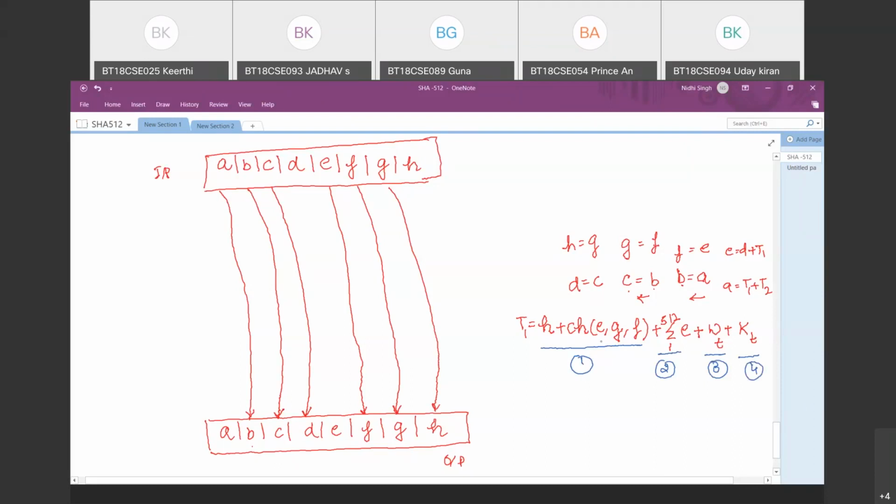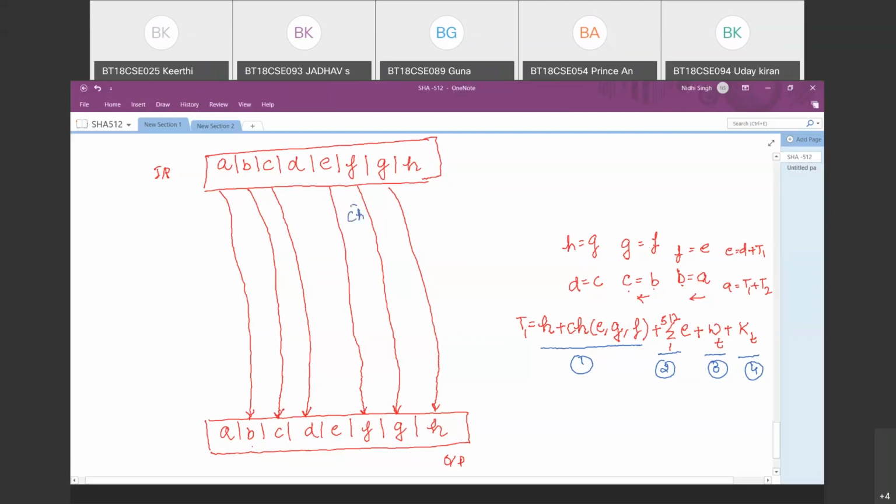Okay. Now let us include in the diagram. So in the diagram for the generation of T1 value, first we have to cover the first part. So H addition modulo 64 with conditional operation of E, G, F. Okay.